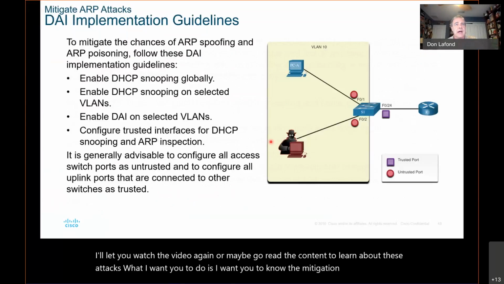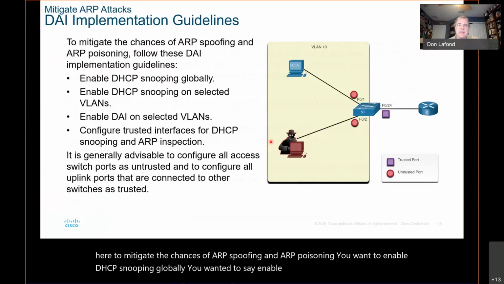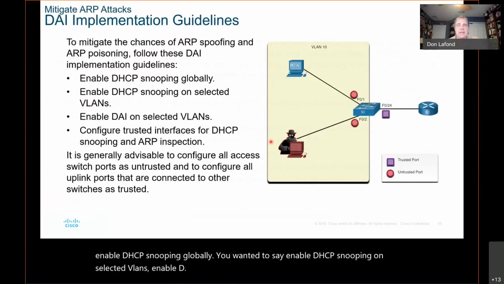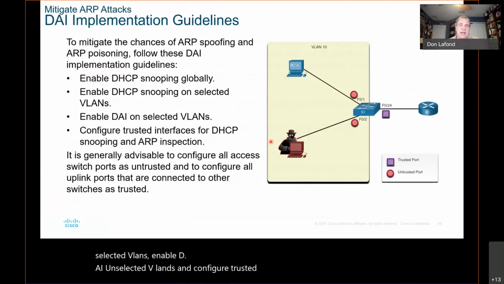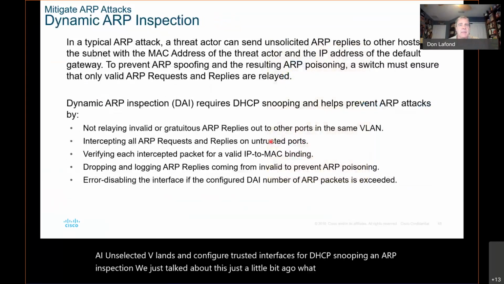So here, to mitigate the chances of ARP spoofing and ARP poisoning, you want to enable DHCP snooping globally. You want to enable DHCP snooping on selected VLANs, enable DAI on selected VLANs, and configure trusted interfaces for DHCP snooping and ARP inspection. We just talked about this just a little bit ago. What is DAI?